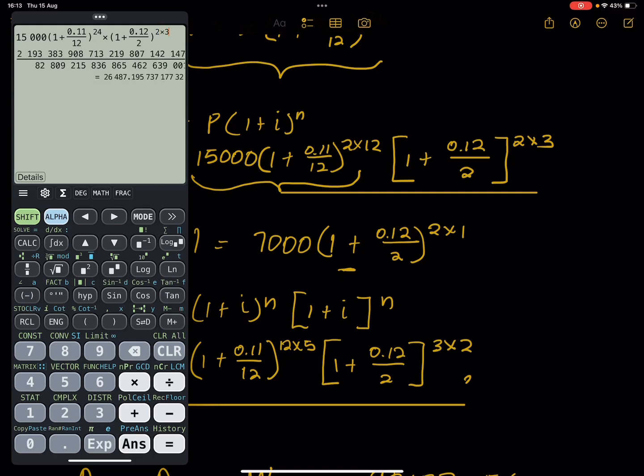All right. So that's the amount that I get for the first accumulated amount of 15,000. And I'm going to subtract the withdrawal of 7,000 rands. So this is minus 7,000 into 1 plus 0.12 over 2, raised to the exponent of 2.